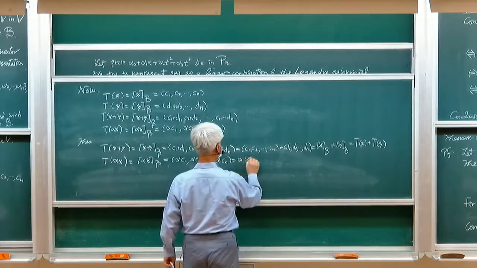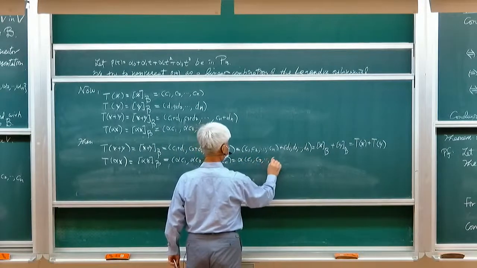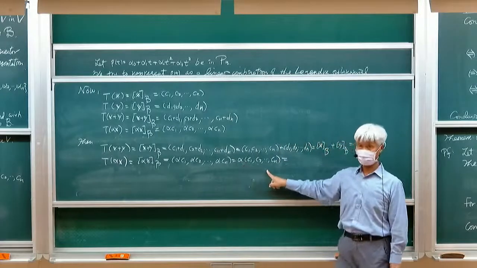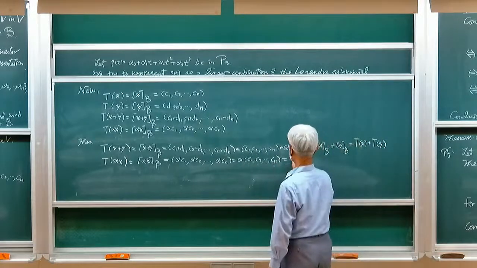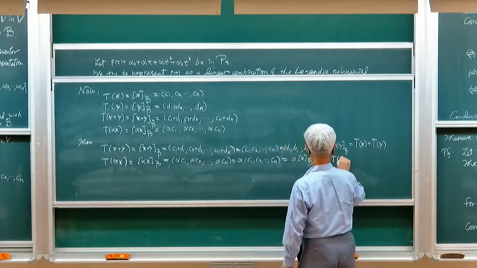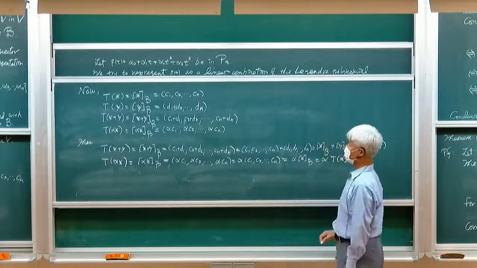So it's alpha times c1, c2 up to cn. Okay, so this is the property of column vectors. And this is alpha times the coordinate vector of x, this is alpha T of x. Okay, so we have these two.